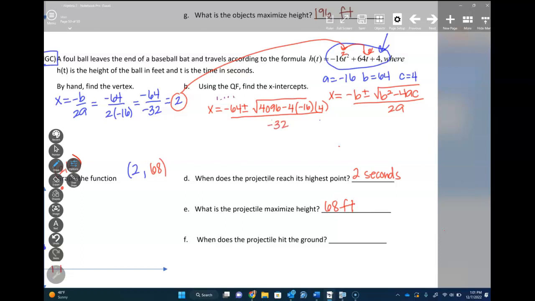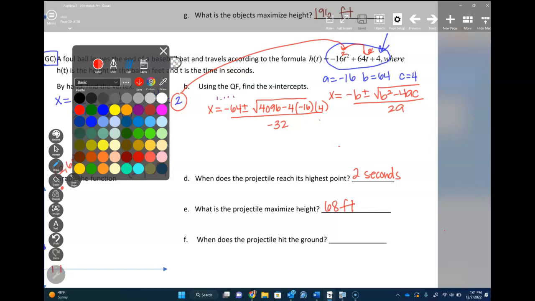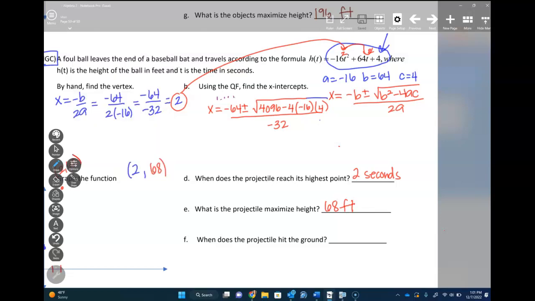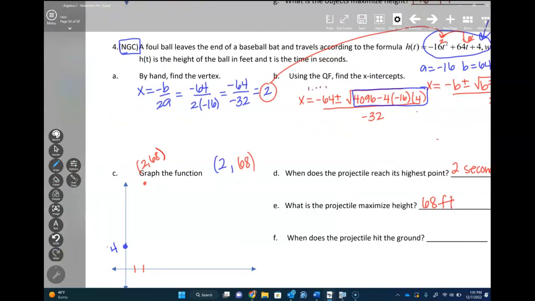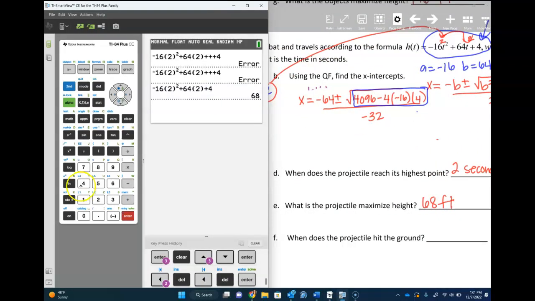Okay, good. And from here, you always solve for under the hat, under the square root. So let's do that real quick. 4,096 minus 4 times negative 16 times 4. You just solve for under the hat first.